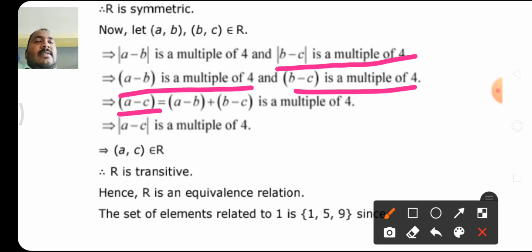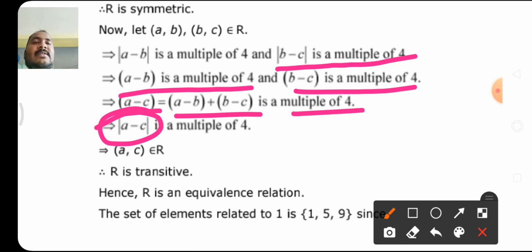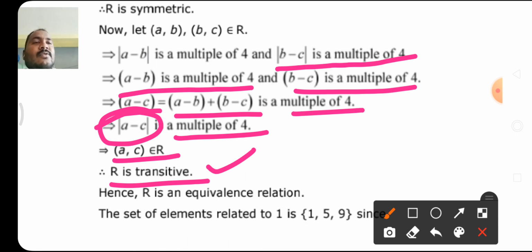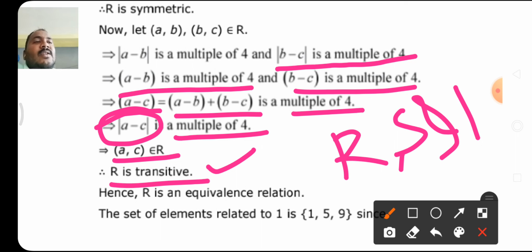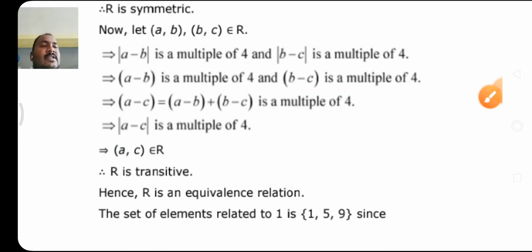Therefore, |a − c| is a multiple of 4, so (a, c) belongs to R. R is transitive. R is reflexive, symmetric and transitive. Because of this, R is an equivalence relation.